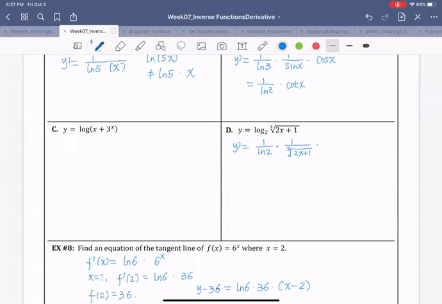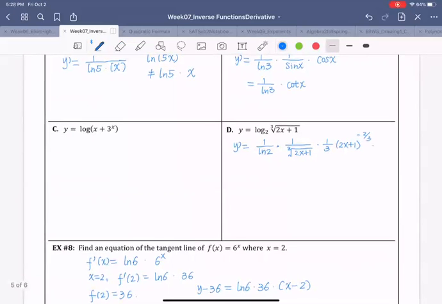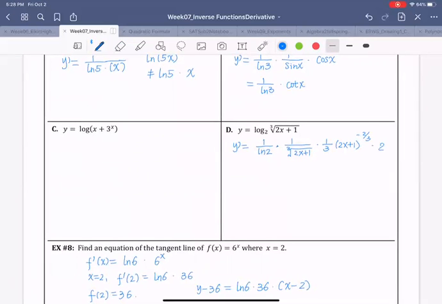We do 1/3 times 2x plus 1 to the power of 1/3 minus 1, which is negative 2/3. Then you have to multiply by 2. It's funny how the chain rule can repeat itself like 2 times. Chain of chain.